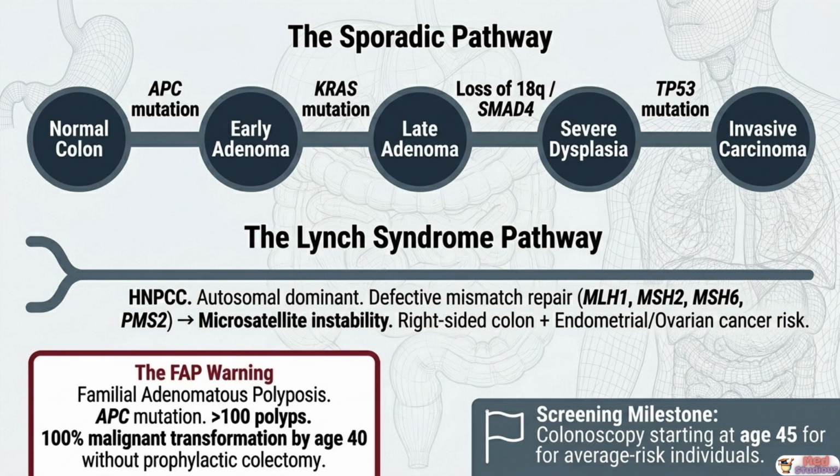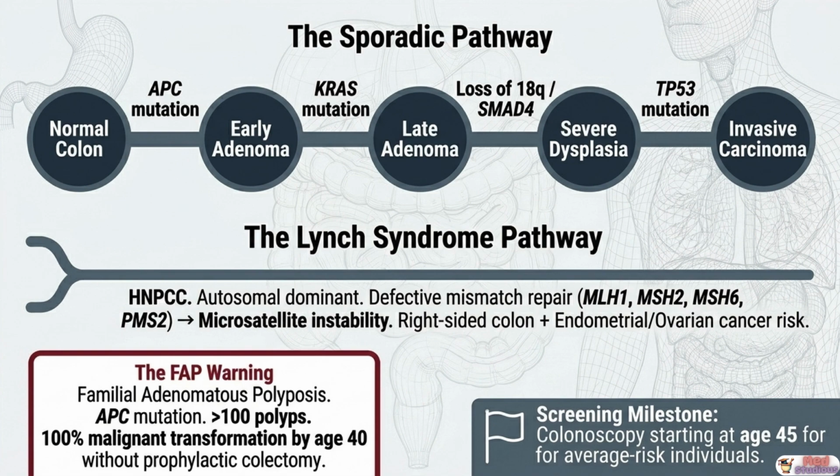The hereditary pathway runs through Lynch syndrome, also called HNPCC, an autosomal dominant defect in DNA mismatch repair genes, MLH1, MSH2, MSH6, and PMS2, producing microsatellite instability, a striking predominance of right-sided colon cancers, and a sharply increased risk of endometrial and ovarian cancer in the same patients.